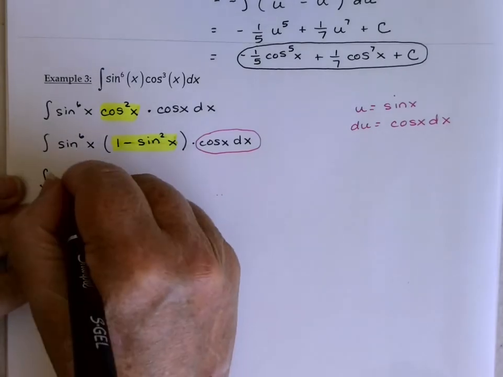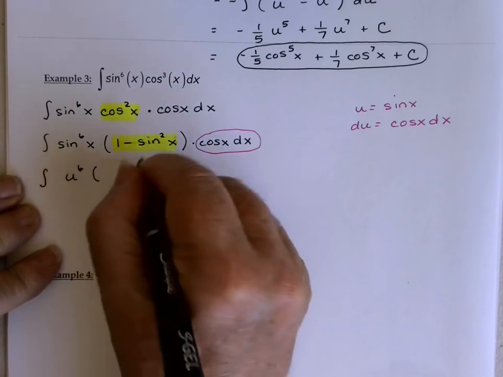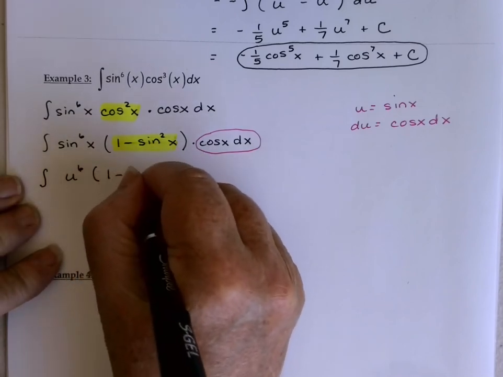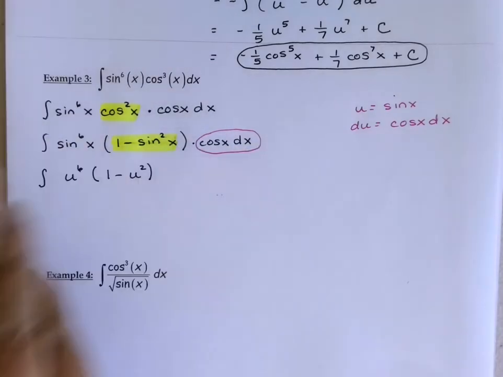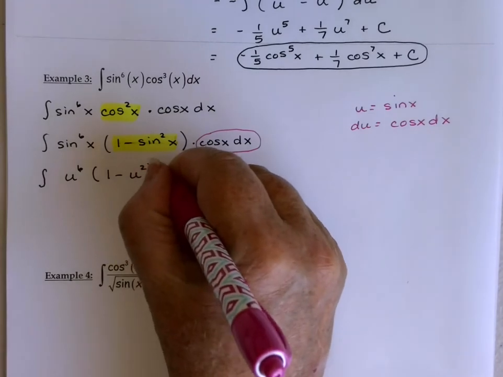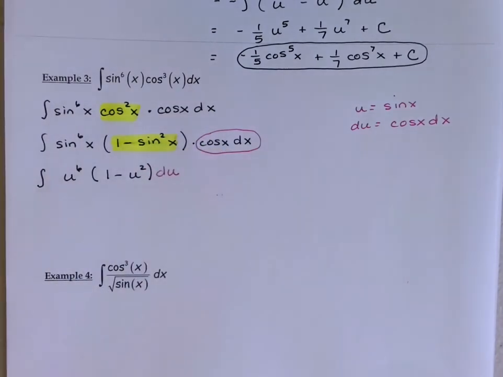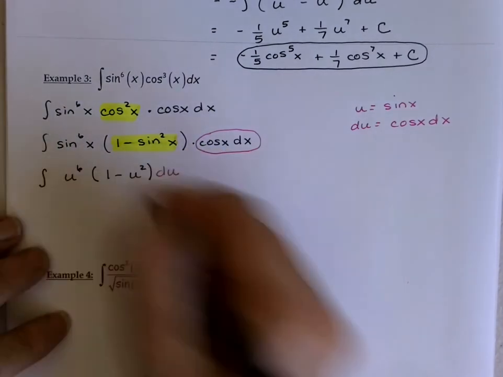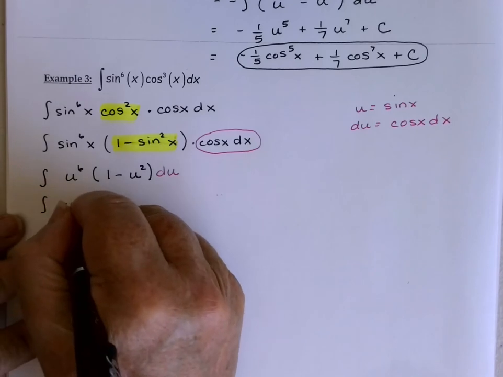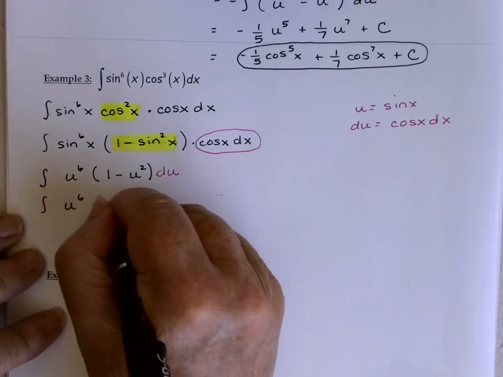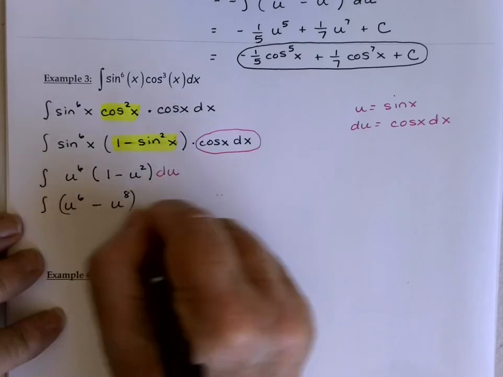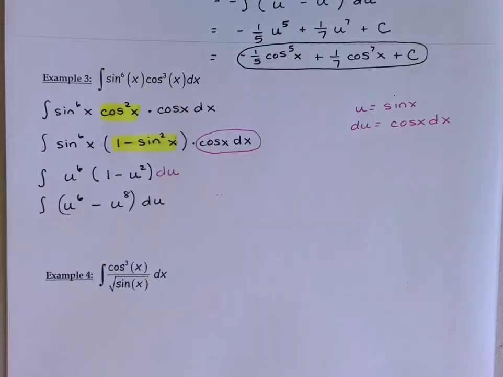And so we've got a u to the 6th times 1 minus u squared, and that just becomes du. All right, once again, I'm going to distribute: u to the 6th minus u to the 8th, which gives me a form that I can integrate easily just using power rules.